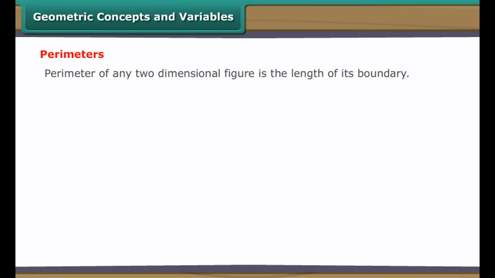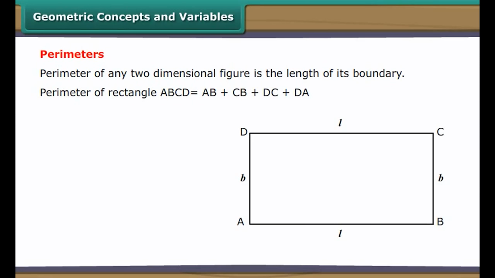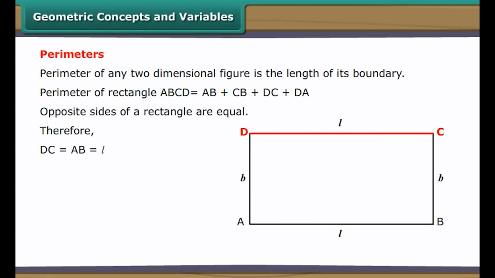Perimeters. Perimeter of any two-dimensional figure is the length of its boundary. Perimeter of rectangle ABCD is equal to AB plus CB plus DC plus DA. Opposite sides of a rectangle are equal. Therefore, DC is equal to AB is equal to L for length.